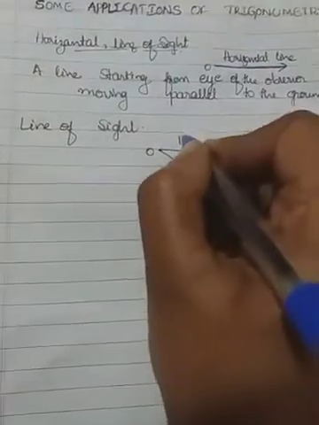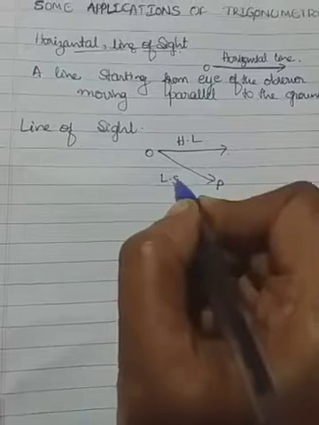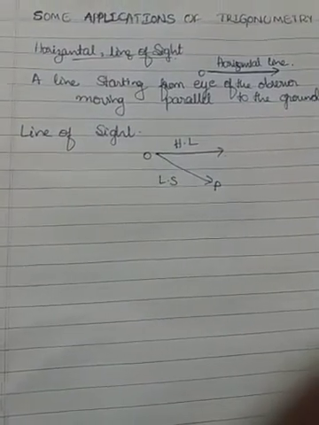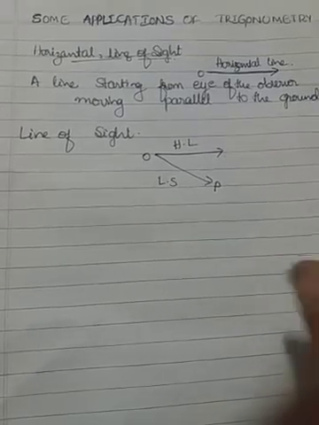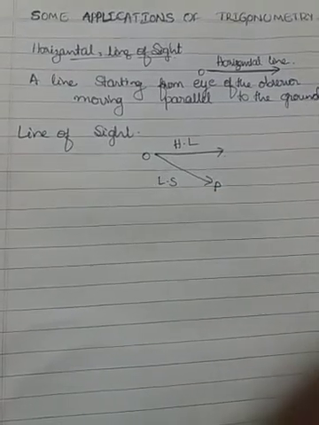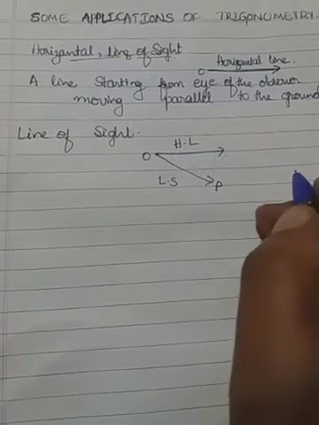So this is the horizontal line and this is the line of sight.